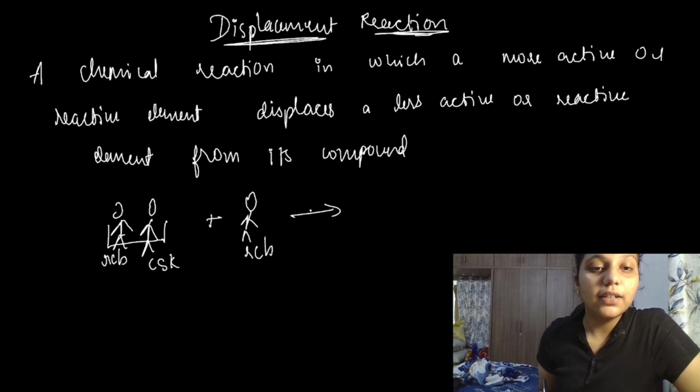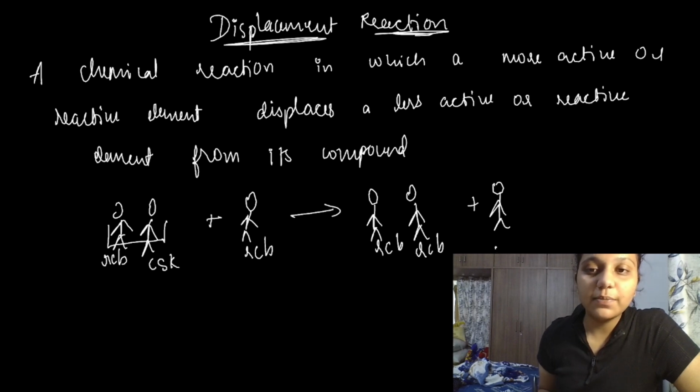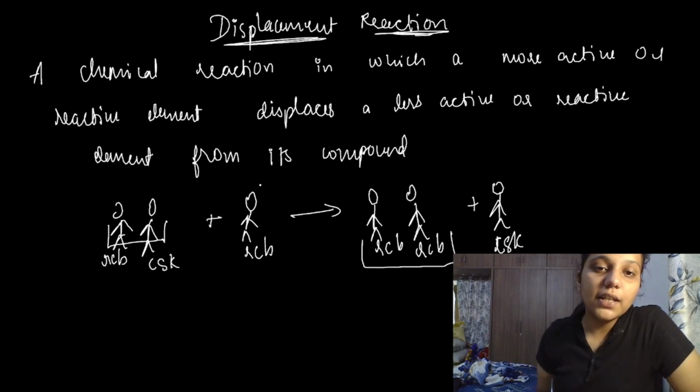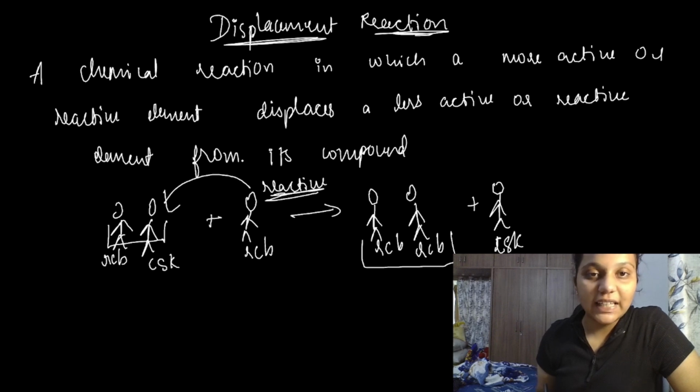This RCB fan replaces the CSK fan, because RCB is the more reactive one. Ee sala cup namde! So this is much more reactive, so it can displace this substance. That's the thing. This statement is explaining this only.